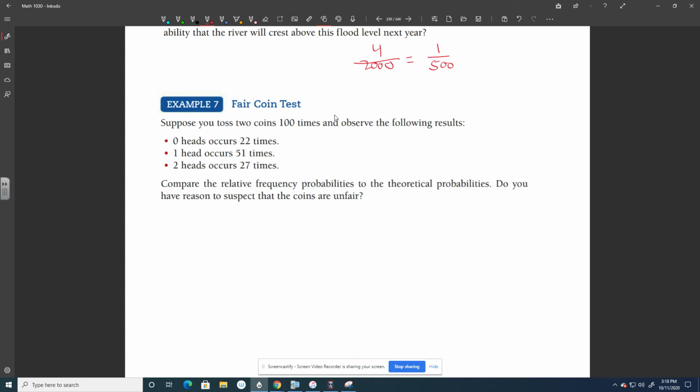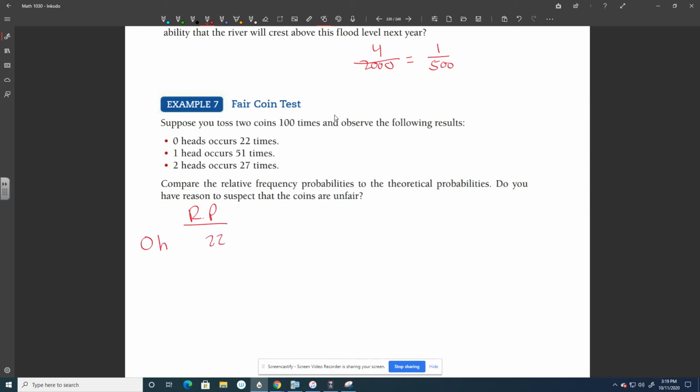Okay. Fair coin test. So suppose you toss 2 coins 100 times and you get the following results. 22 times you don't get heads at all. 51 times you get heads once out of the 2 tosses. And 27 times you get heads twice. So it wants us to compare the relative probability to the theoretical. All right, so relative probability of getting 0 heads.